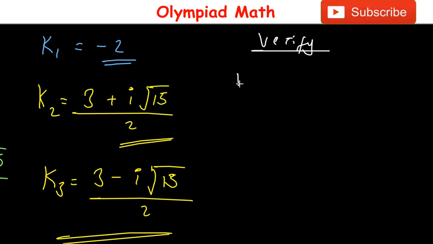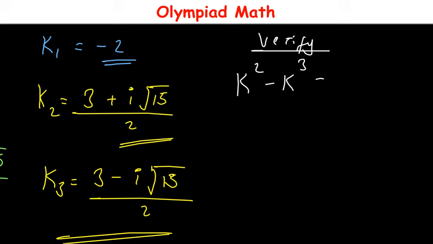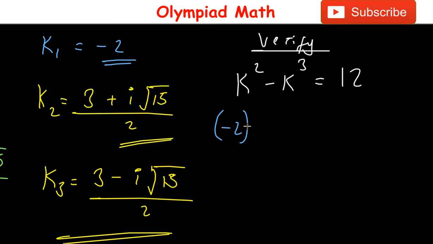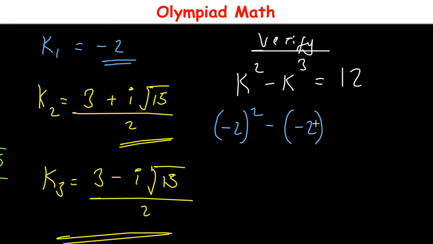We have the question k raised to power 2 minus k raised to power 3 is equal to 12. So inputting the value of k as minus 2 into this equation, we have k as in bracket minus 2 all raised to power 2 minus in bracket k as minus 2 all raised to power 3 with this equal 12 question mark.